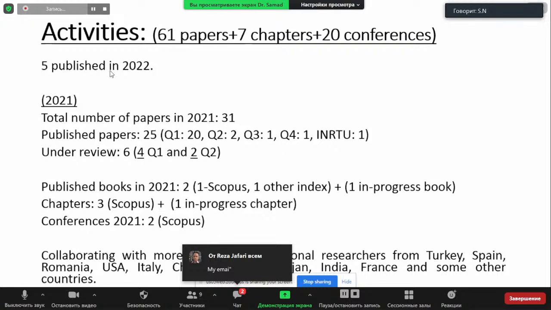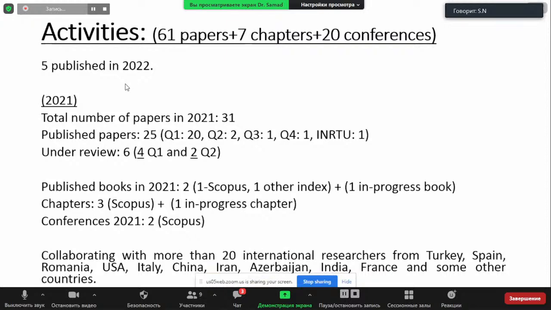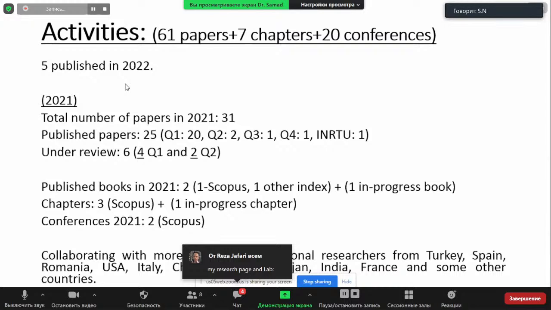And also in 2022, I published 5 Q1 papers. Also, I have between 20 and 25 papers under review. And I have collaboration with researchers from different countries: from Turkey, Spain, Romania, the United States, Italy, China, and other countries.